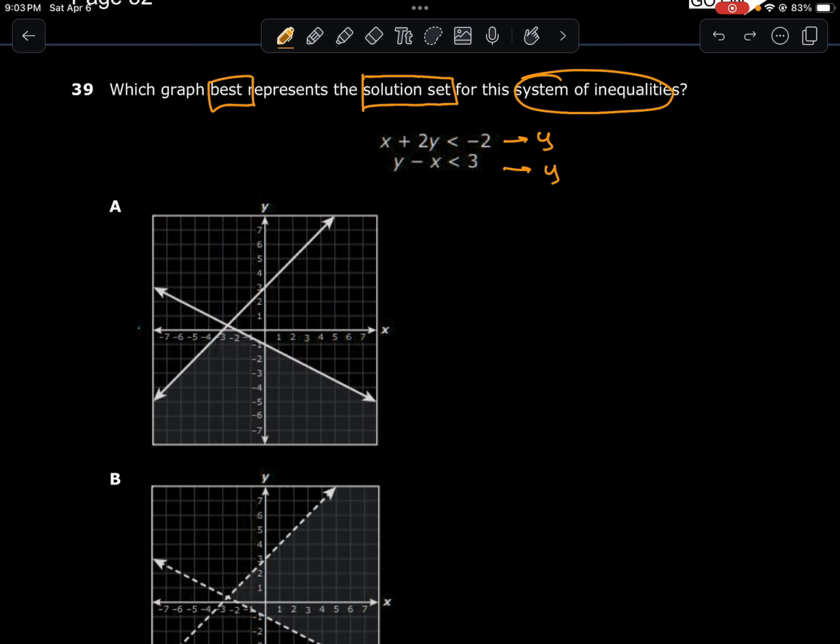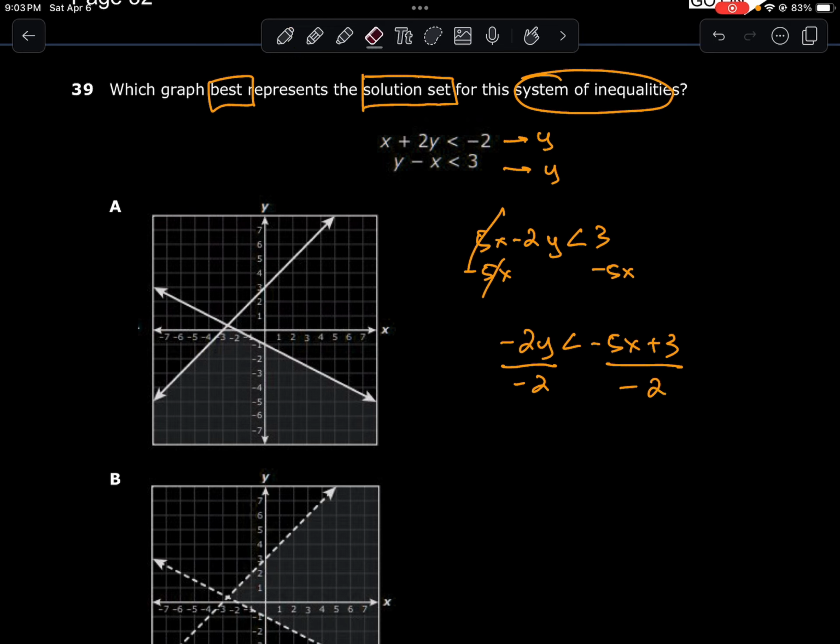Let's do an example here. Let's say it's 5x minus 2y less than 3. I want to isolate the y, otherwise my graphing calculator is not going to graph it. So I would subtract 5x, and what I would get is negative 2y less than negative 5x plus 3. And then I would try to isolate the y by dividing by negative 2.